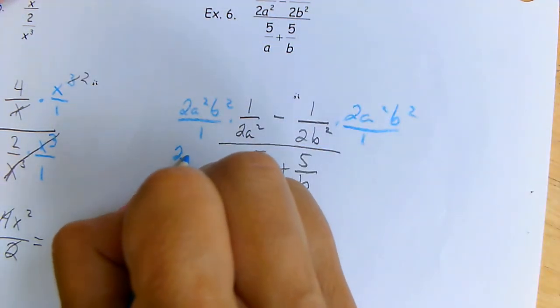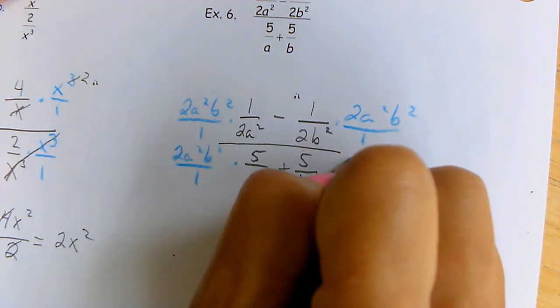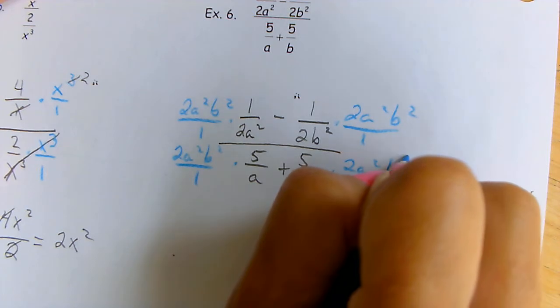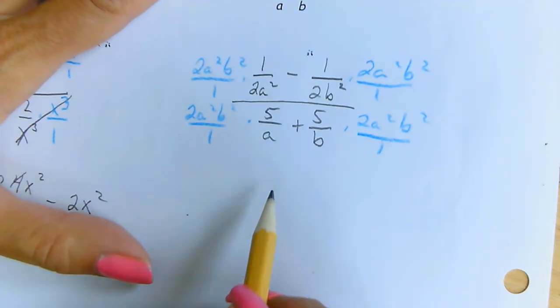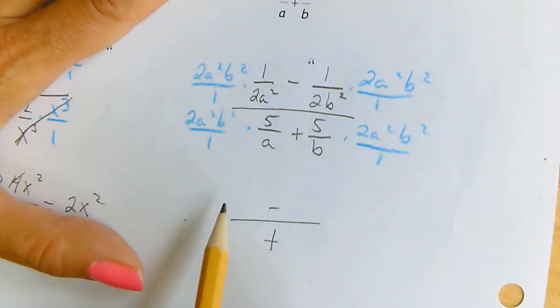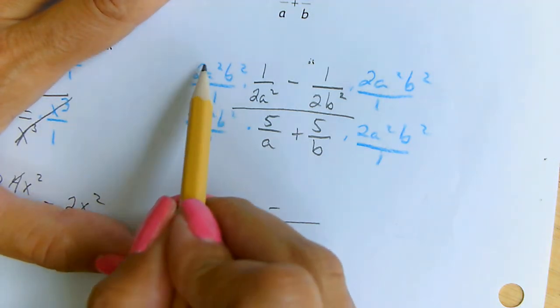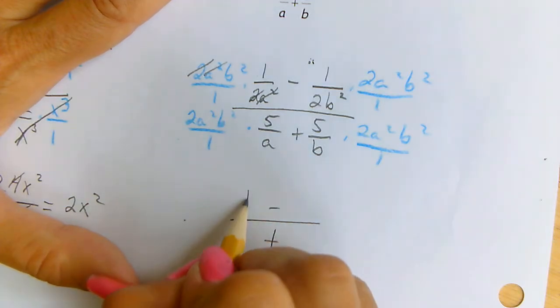Whatever you do to the top, you do to the bottom. Here my 2's divide out and my a squared. I'm left with just b squared times 1.